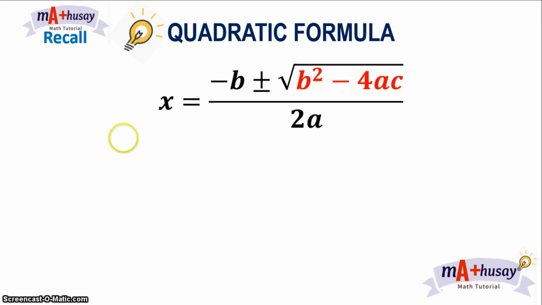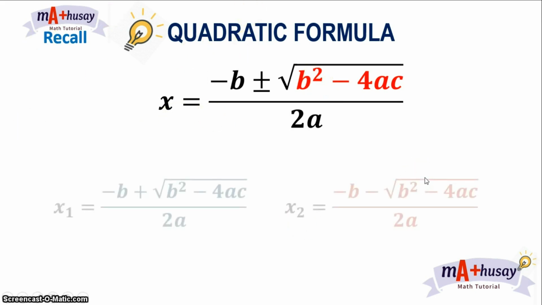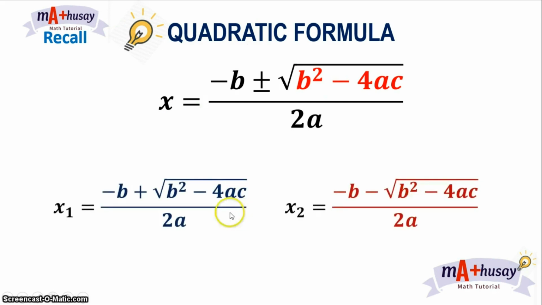From the quadratic formula, we let x sub 1 equals negative b plus the square root of b squared minus 4ac all over 2a and x sub 2 be equal to negative b minus the square root of b squared minus 4ac all over 2a be the roots. Now, we will describe the relationship between coefficients and the roots of a quadratic equation to find the sum and the product of these roots.